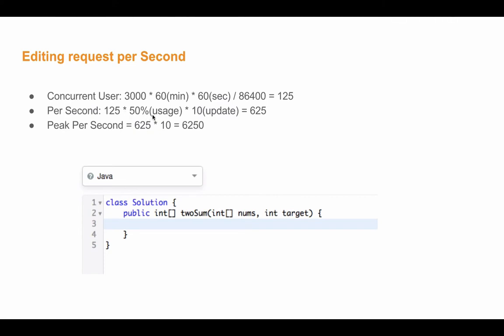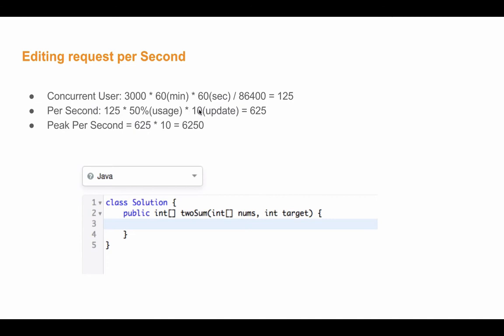Probably people will not just keep typing. They need time to think. So we times 50%, which means half the people are probably just thinking, and the other 50% are actually inputting their answer.